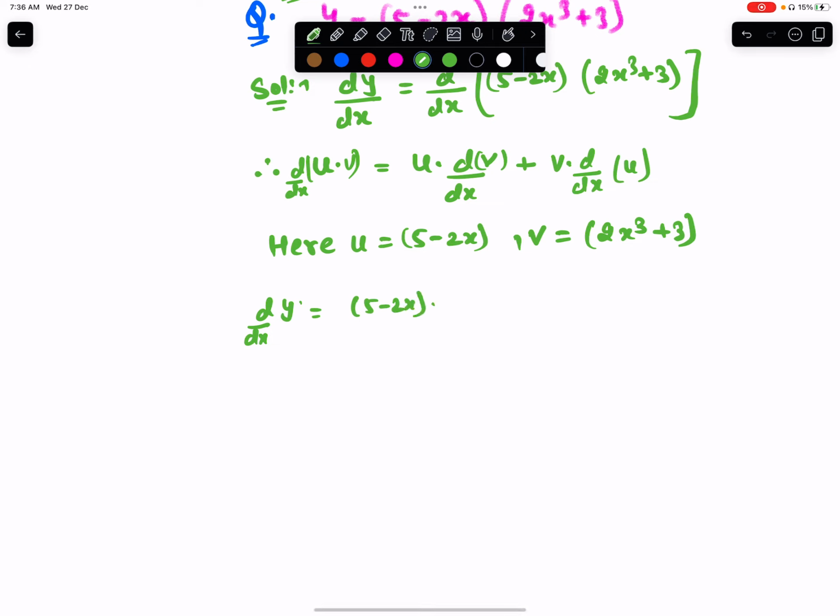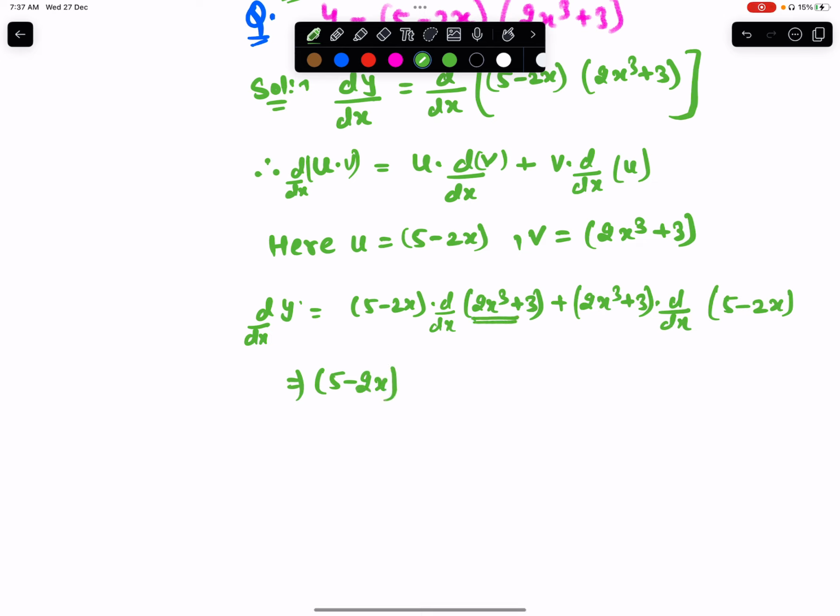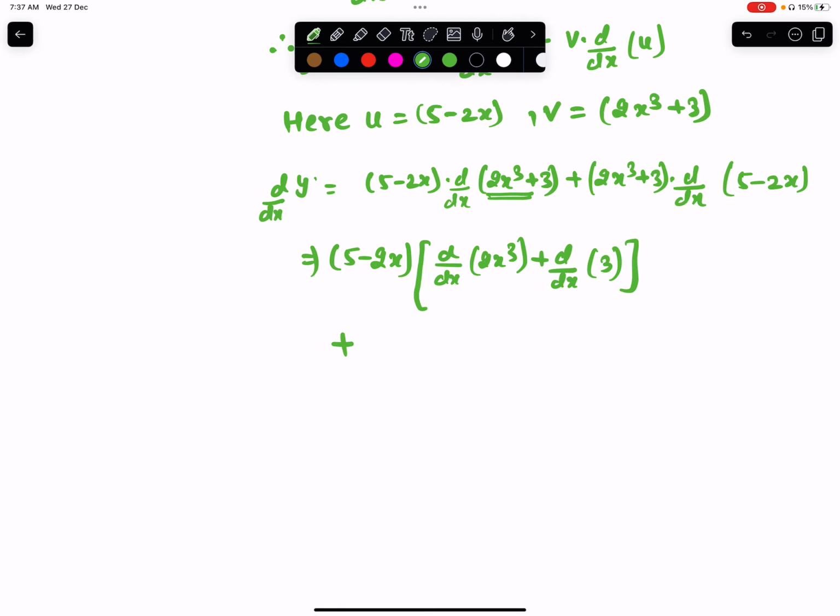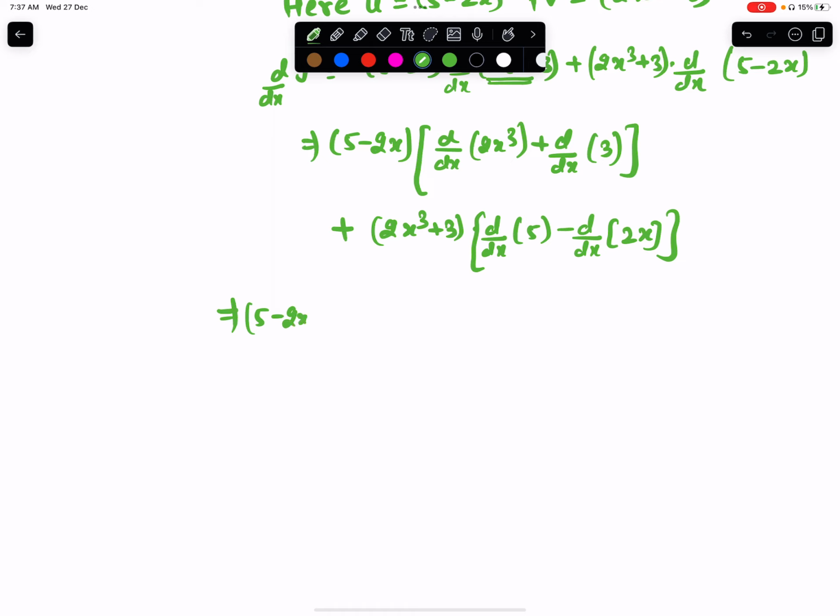So that equals (5 - 2x) into, applying the sum rule, d/dx of 2x cube plus d/dx of 3, plus (2x cube + 3) into d/dx of 5 minus d/dx of 2x. Now d/dx of 2x cube equals 6x square.